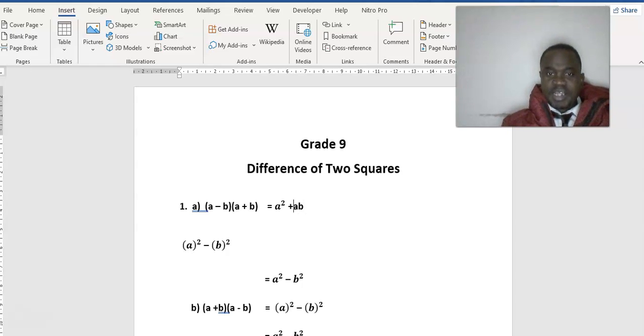Then the next one, which one are we supposed to multiply? Minus b times a. What would that give you? Minus ab. Then the last one, minus b times b. What would that give you? Minus b squared.